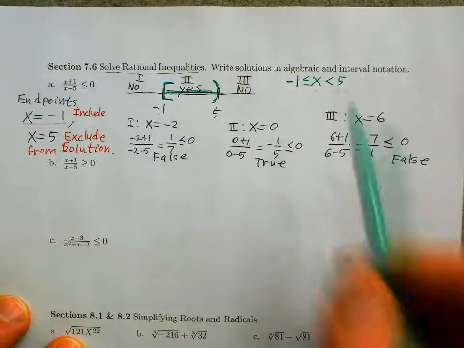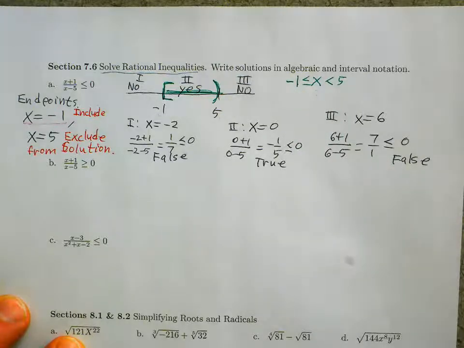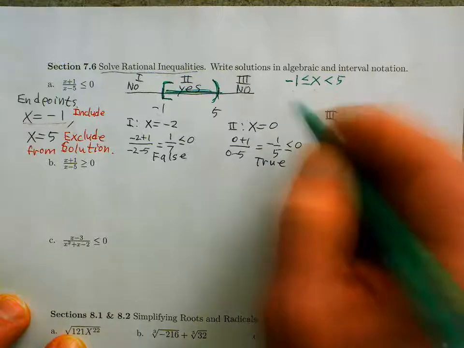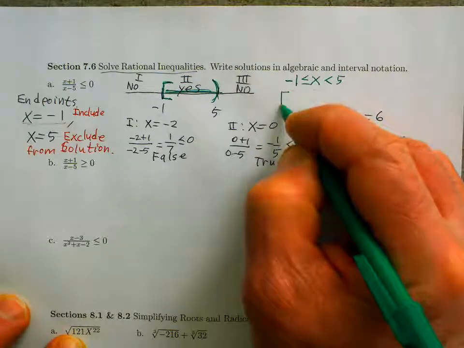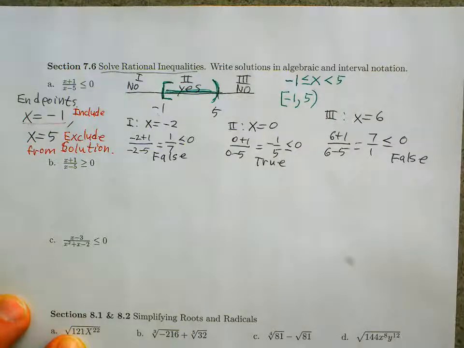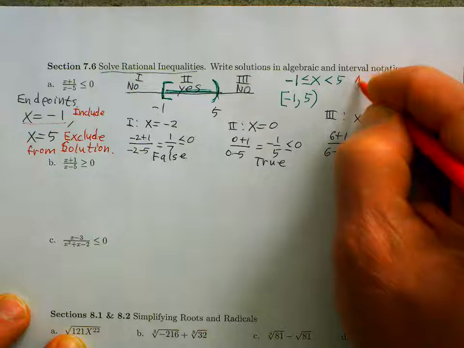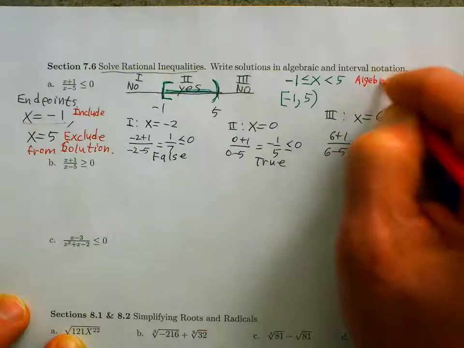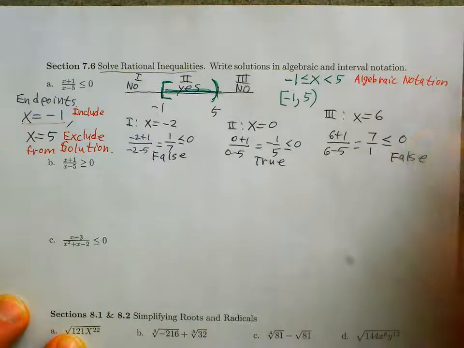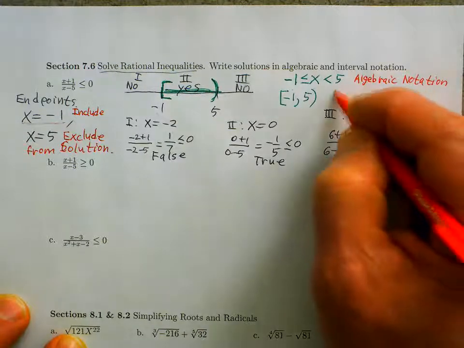And means x satisfies 2 conditions at once. The interval notation is just bracket -1 comma 5 parenthesis. So this top one is the algebraic notation. And the bottom is the interval notation.